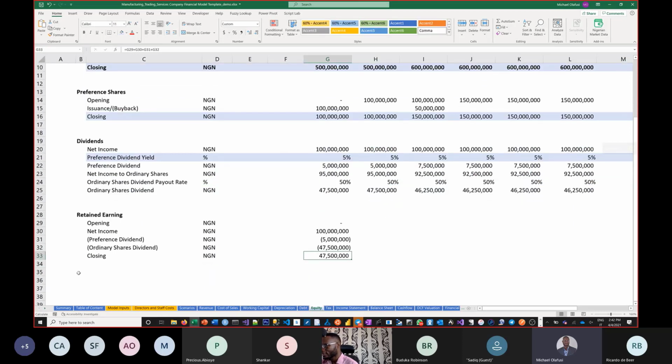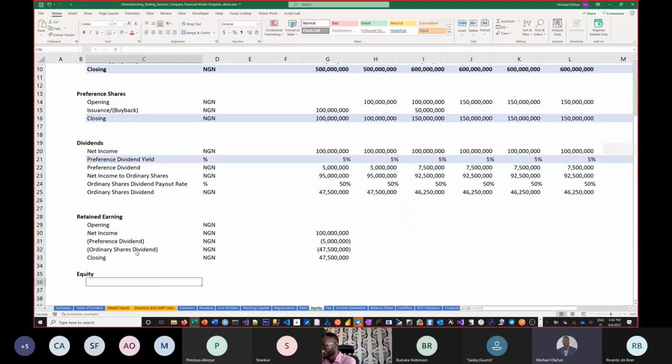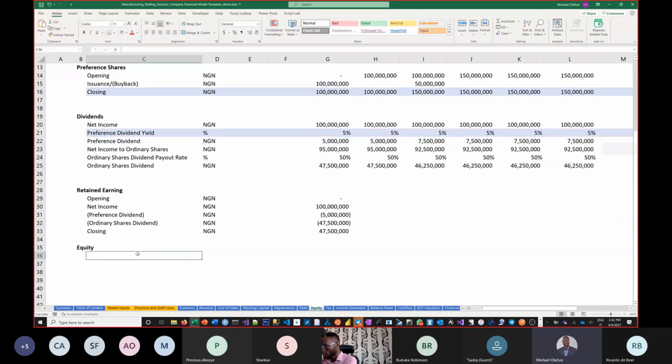So if you look at it, if you are doing the equity schedule, it's now going to be equal to share capital, retained earnings, and then we're going to have the closing equity. So the closing value of equity.